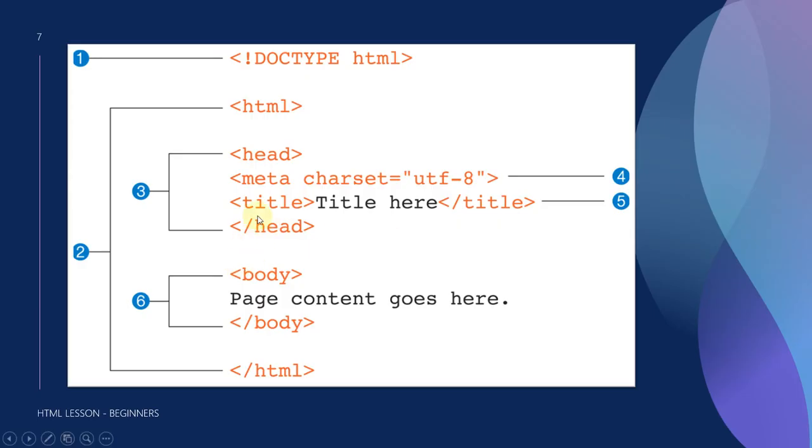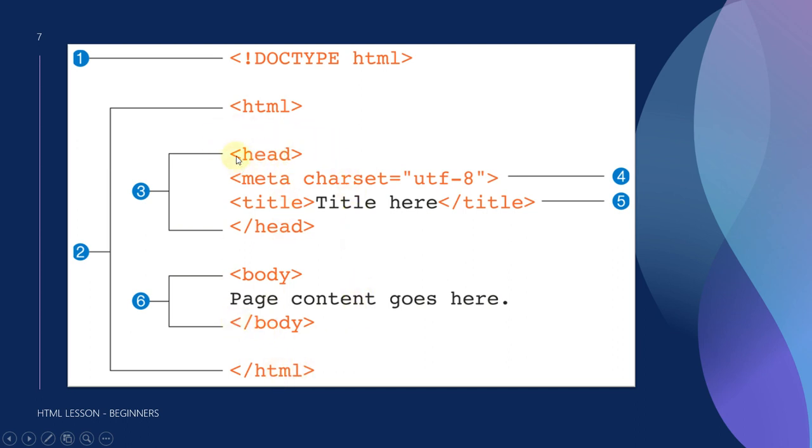So this is a picture to show you how the HTML document is structured. Like I said, at the top is your document type declaration. Then you have an HTML opening tag and a closing tag. In between them go other tags.